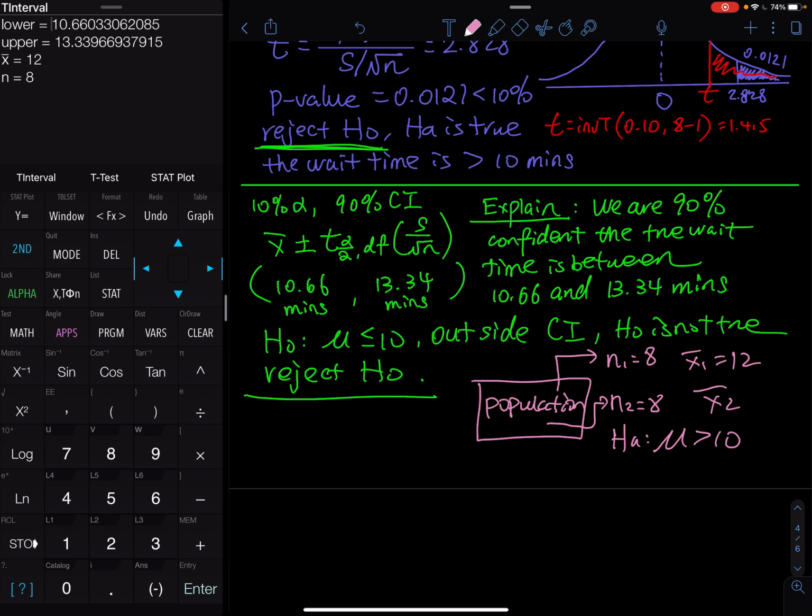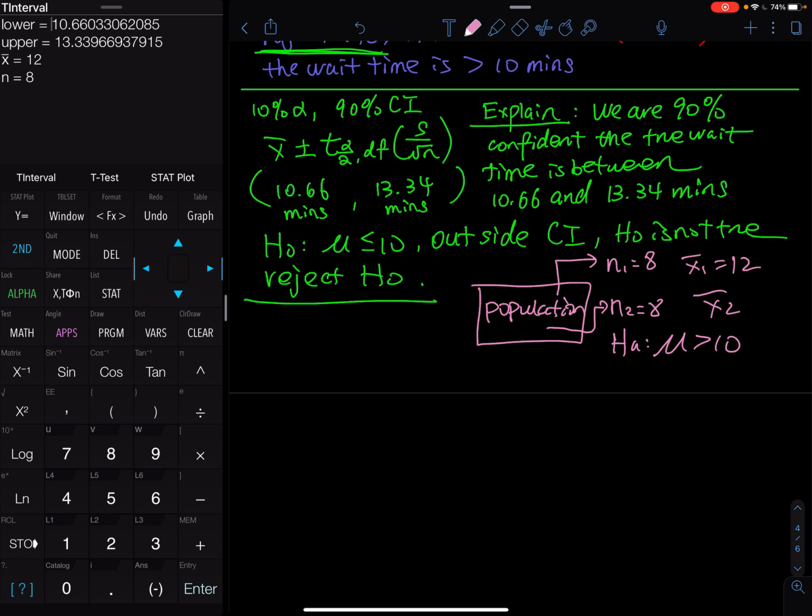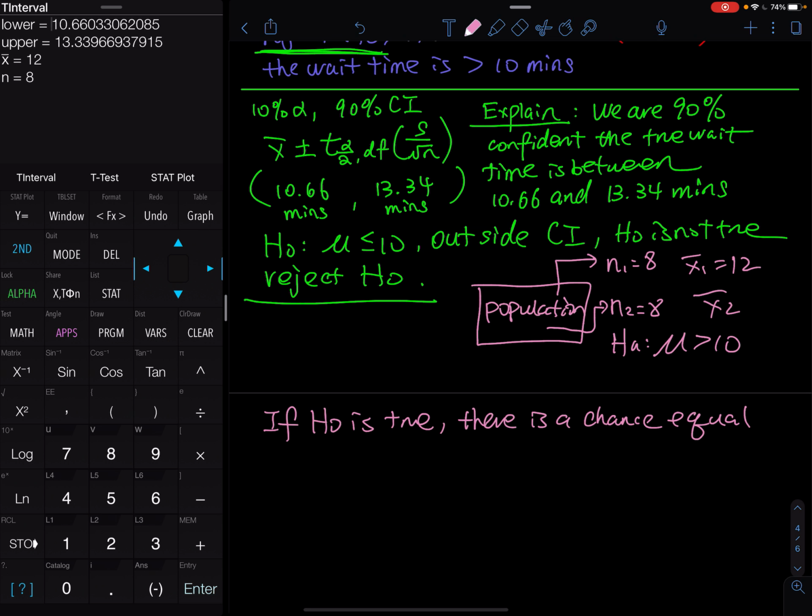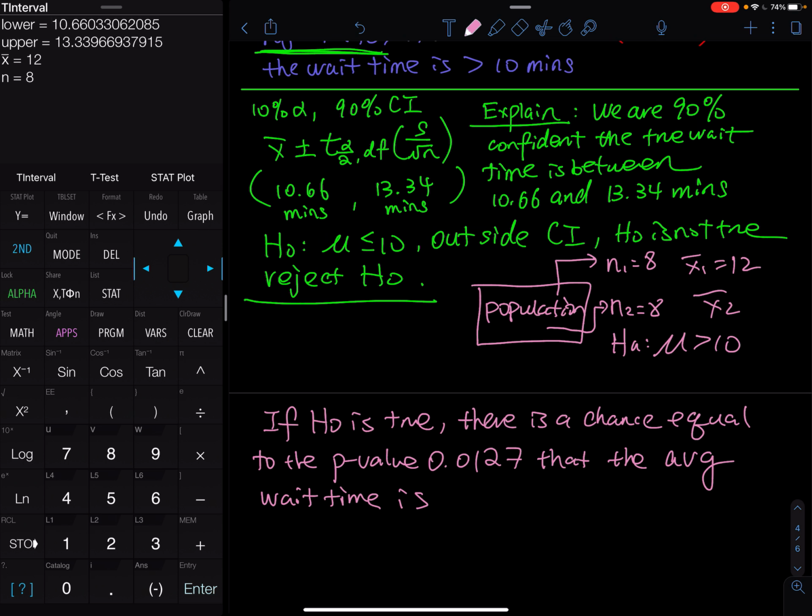So let me give you a complete sentence for the meaning of p-value. If H naught is true, there is a chance equal to the p-value, 0.0127, that the average wait time is greater than, and I want you to add one more to it, greater than or equal to what number? 10?